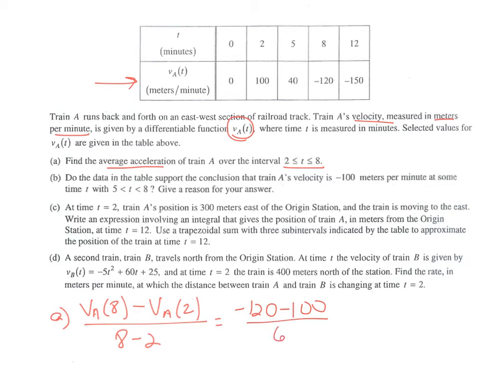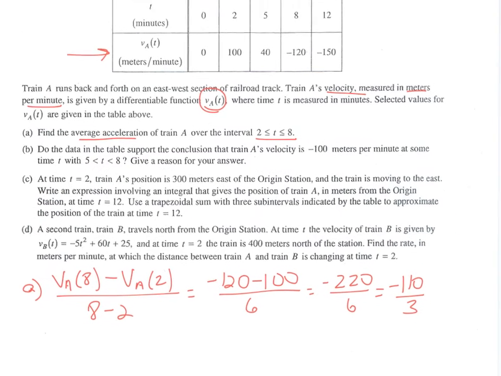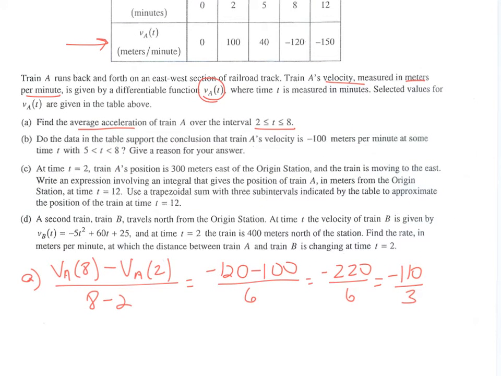And that's over 6. Which gives us negative 110 over 3, and the units would be in meters per minute, or meters per minute squared.